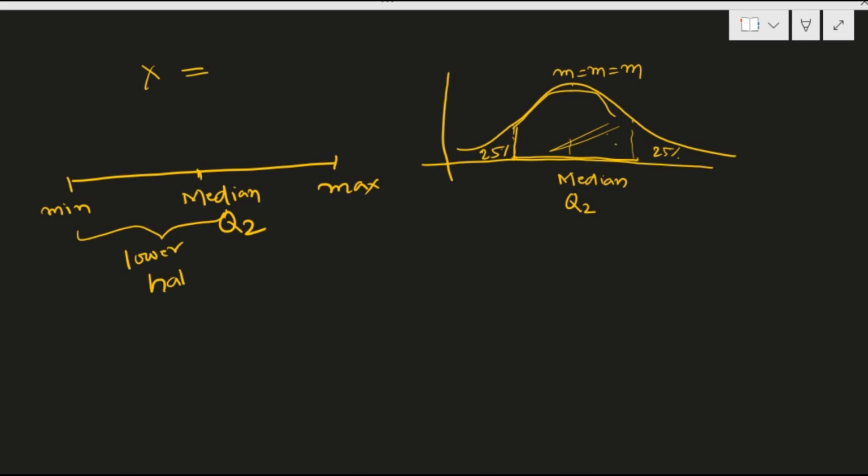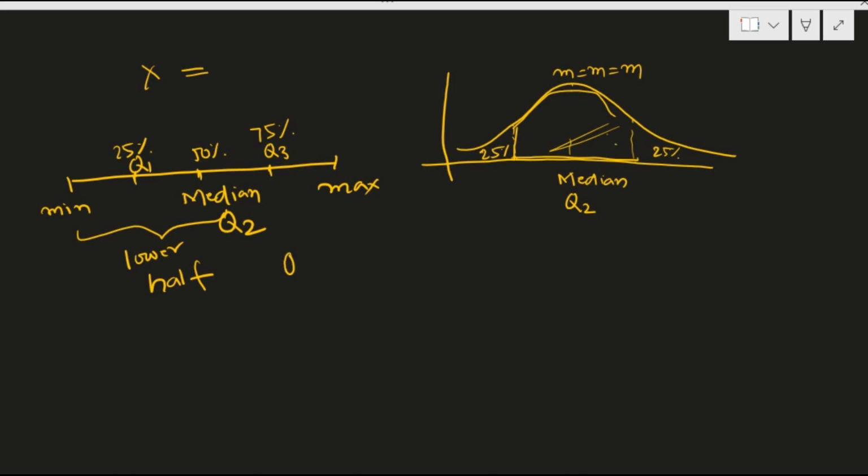The median of the minimum value and quarter 2 will be our 25th percentile, which we call Q1. The median of quarter 2 and the maximum will be our 75th percentile, which we call Q3. The median, we know, is the 50th percentile.